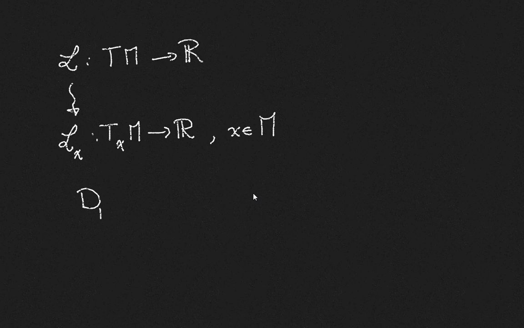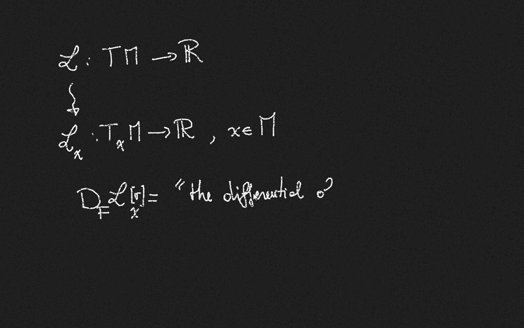The fiber derivative at a point x is just, at the vector V, the differential of L_x at V. So L_x is a function from, this is R^n once you choose a basis.